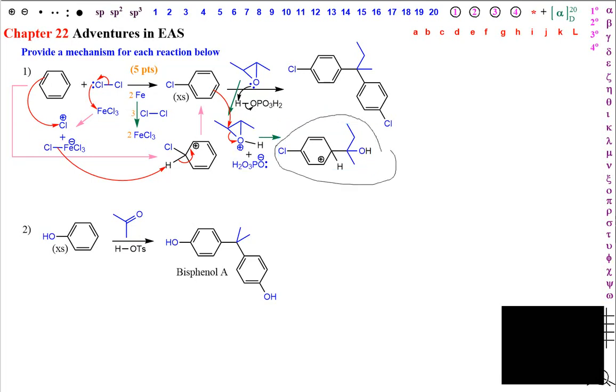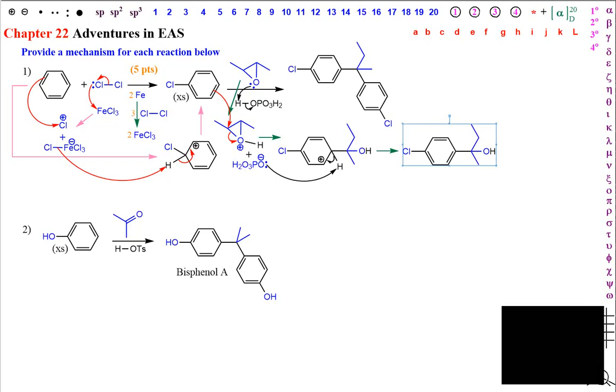Cyclohexadienyl carbocation, and the conjugate base of phosphoric acid, which miraculously appeared here. It was produced in step 1. And the base picks up a proton, and we resonate and re-aromatize our benzene in a very fast step to generate the first half of our product here.